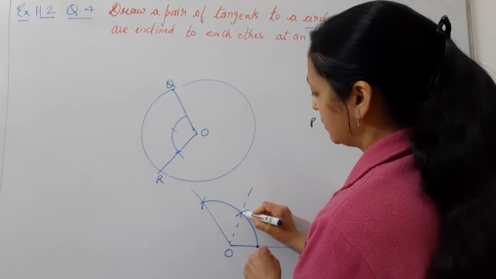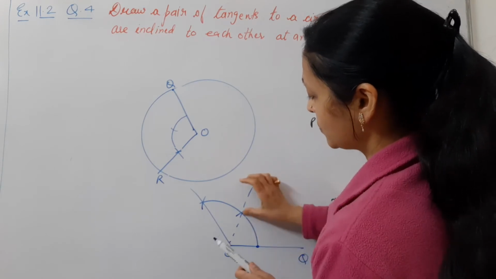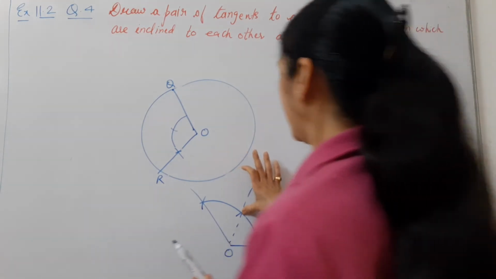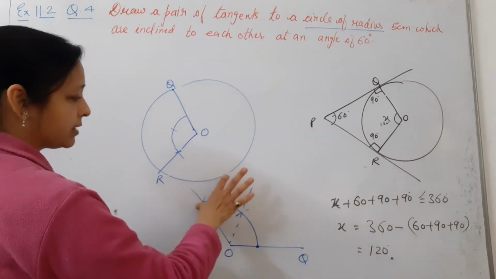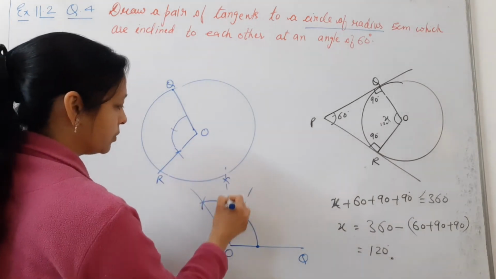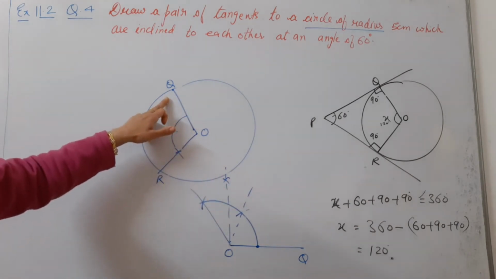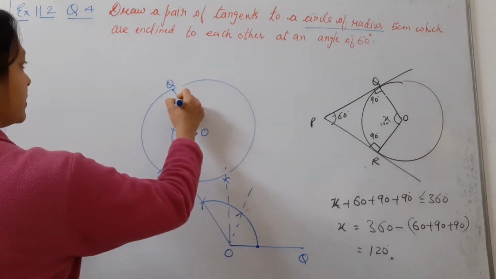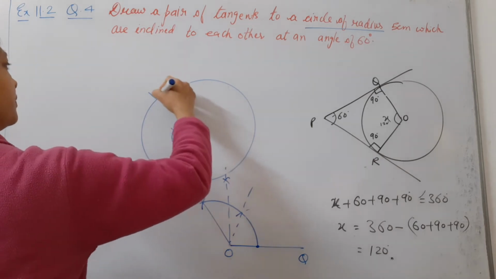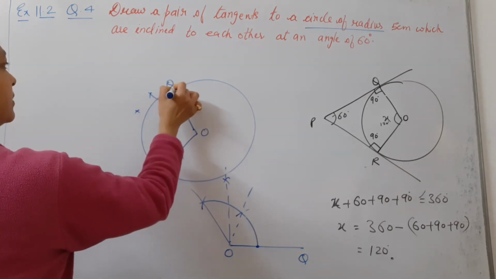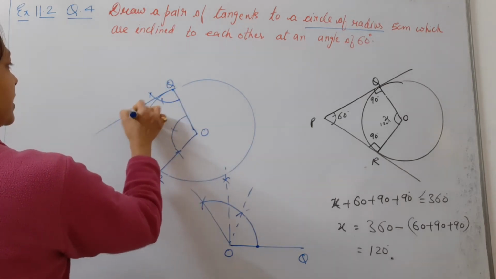Take the compass needle at this point, take an arc, and with the same radius take another arc, and you will get 90 degrees. So you repeat this procedure of constructing 90 degrees at Q like this, and you will get 90 degrees here.